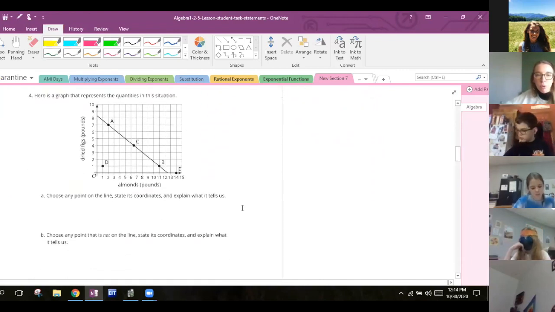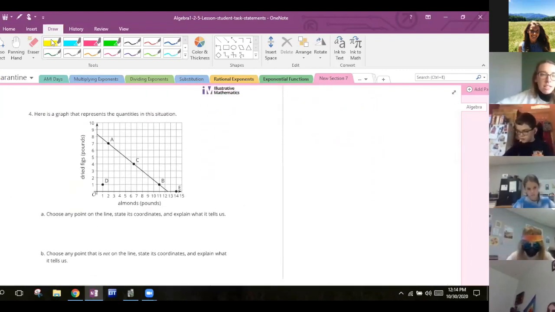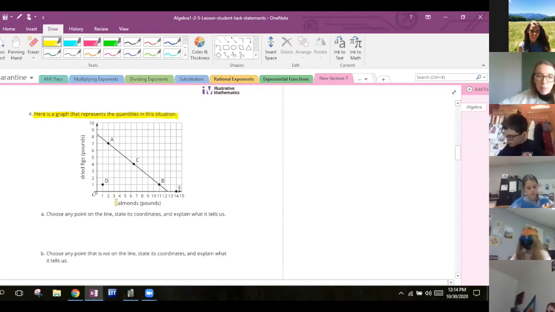We're on page 4. And it says, here is a graph that represents the quantities in this situation. So we're still talking about almonds. If you look at your x-axis, we're still talking about the almonds. And if you look at the y-axis, we're still looking at figs.